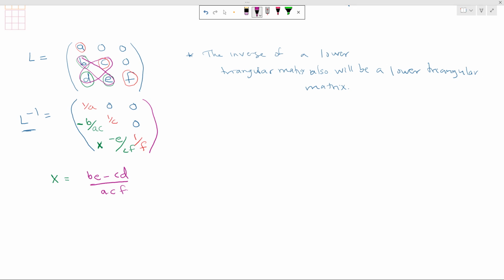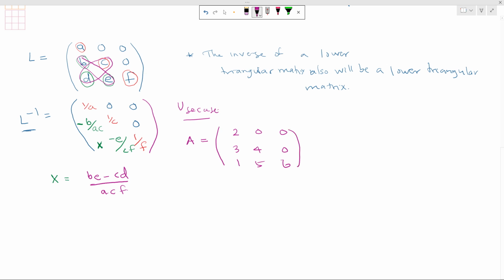Now we will just look at a use case, or example. Let me take a matrix called A, and the matrix is given as 2 0 0, 3 4 0, 1 5 6.